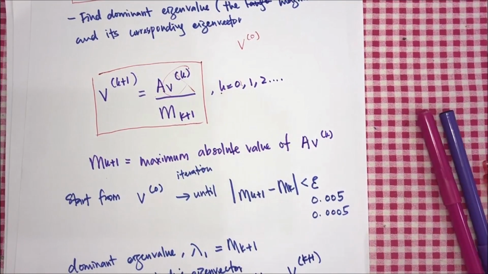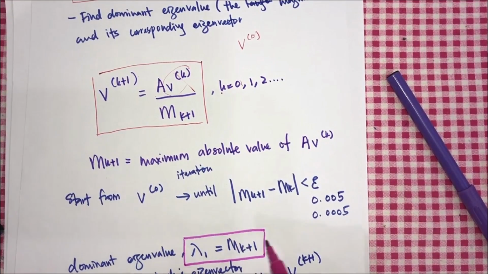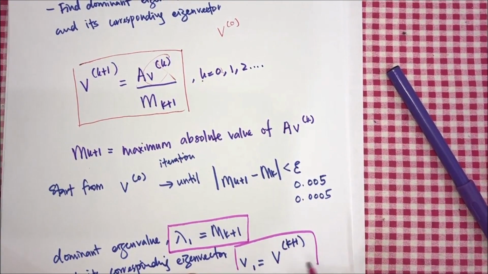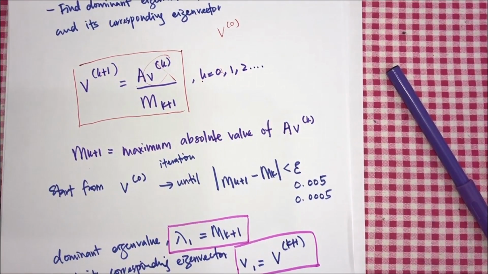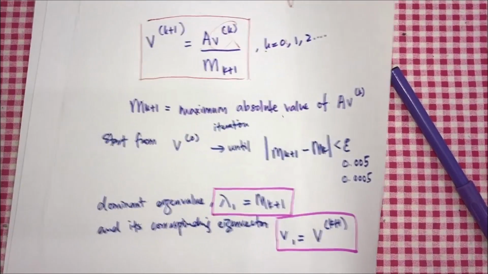So this is what we are going to find, the dominant eigenvalue and its corresponding eigenvector. Now we move to the example in your book.